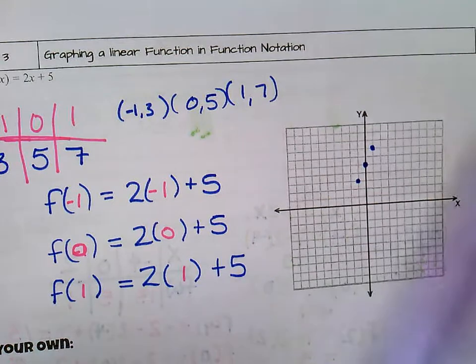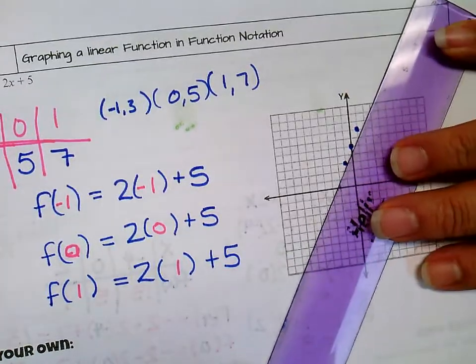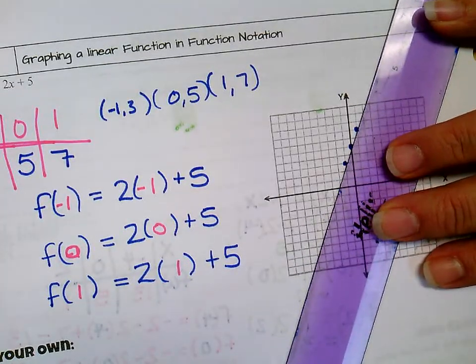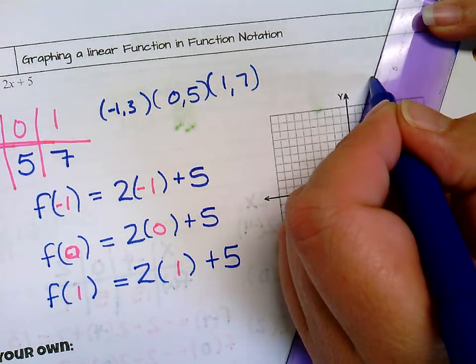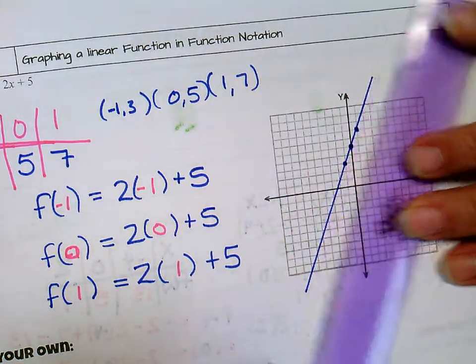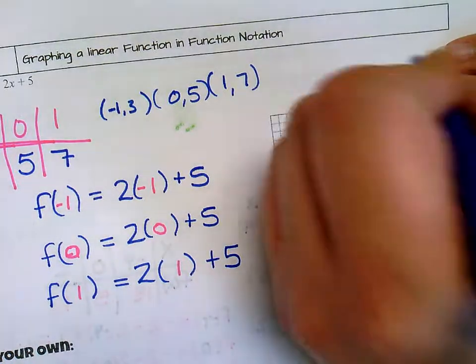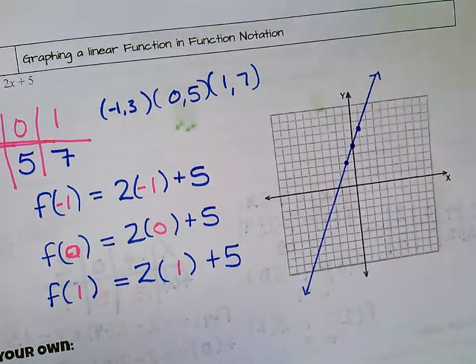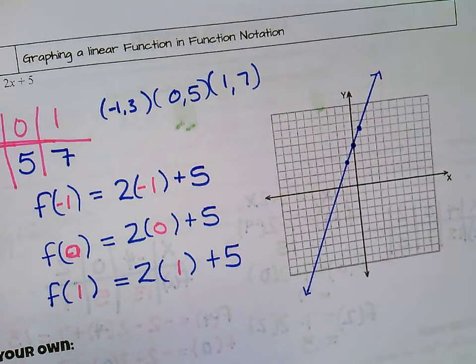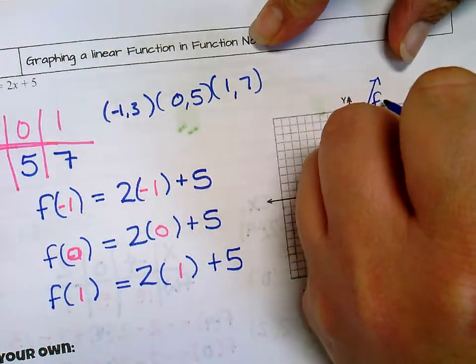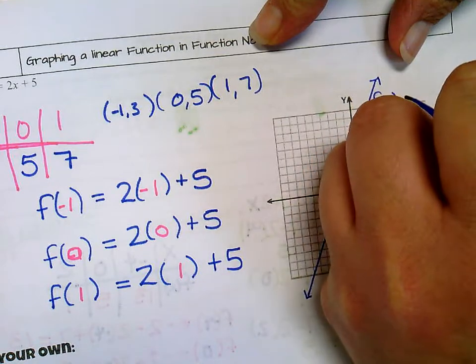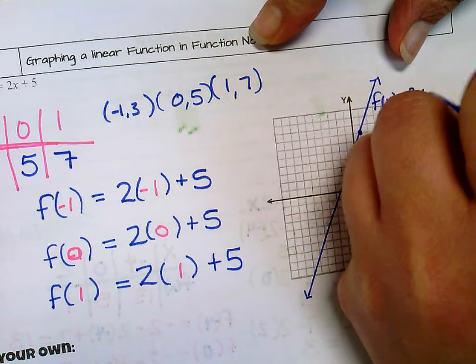So I'm going to take my handy dandy straight edge. You can use your pass or whatever you have. And there is my linear function. The name of this line is f of x equals 2x plus 5.